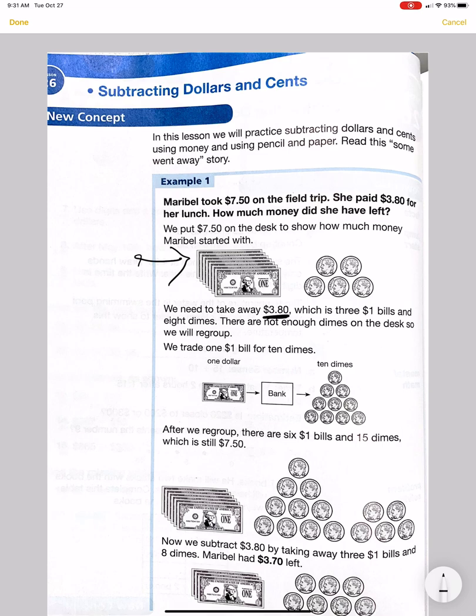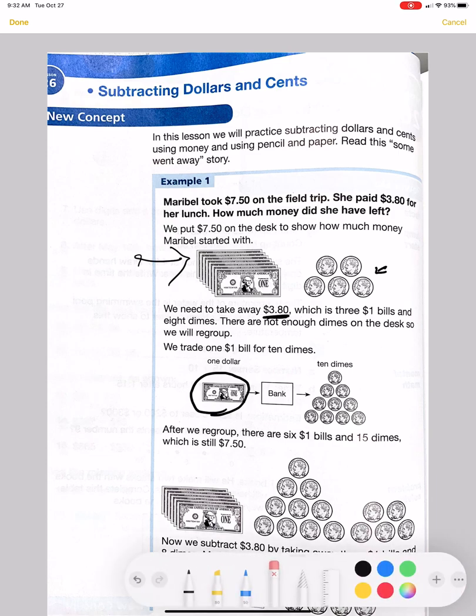So the problem is we don't have enough change to make change from 80. We only have 50. So we traded $1 for 10 dimes. And now we have the same amount of money minus 380, but now we have enough dimes to cancel each other out.